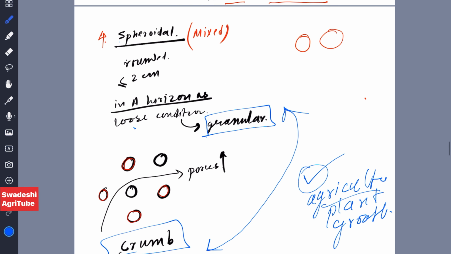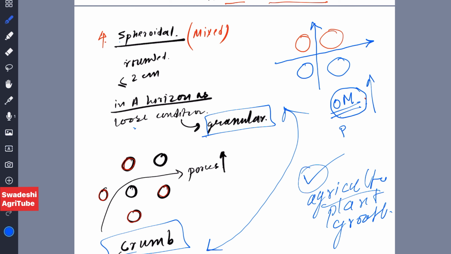So I have told you that there is more pore space in between them in case of spheroidal structure. That means some factors play an important role in making the pore space, and we all know that if we add organic matter to the soil, there will automatically be an increase in pore space. That means soil having spheroidal structure must have more organic matter.